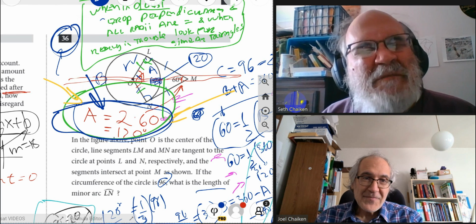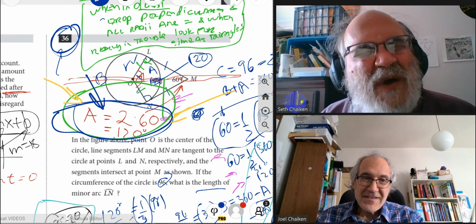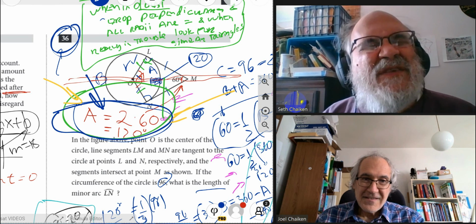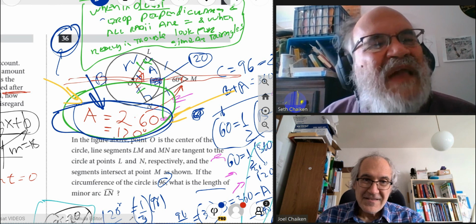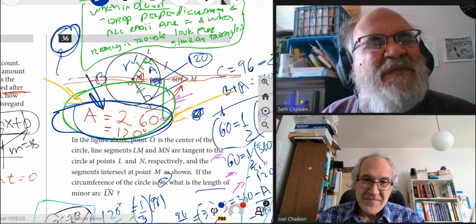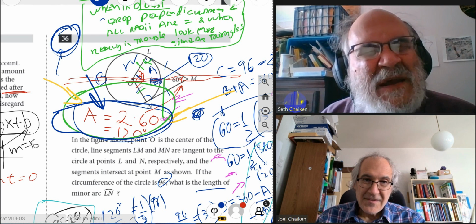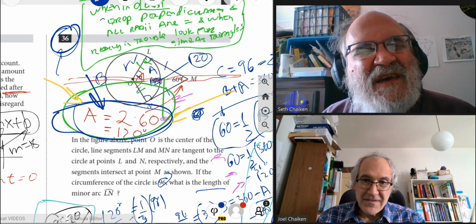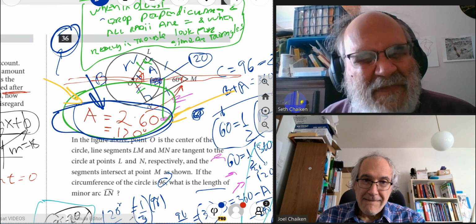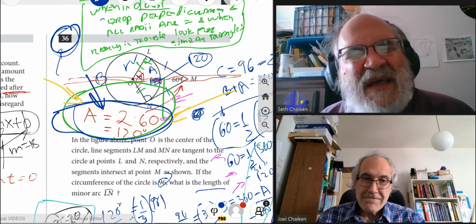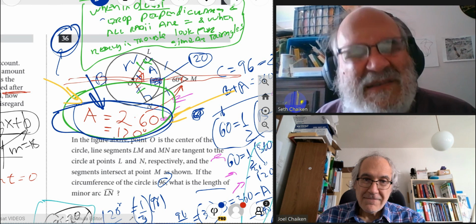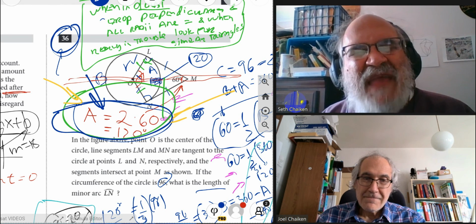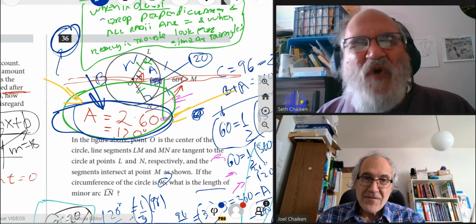When you have those angles, like the 60-degree angle and the angle subtended by the two radii, I mistakenly thought that the angle subtended by the radii is twice the angle subtended by the tangents, and that is false.